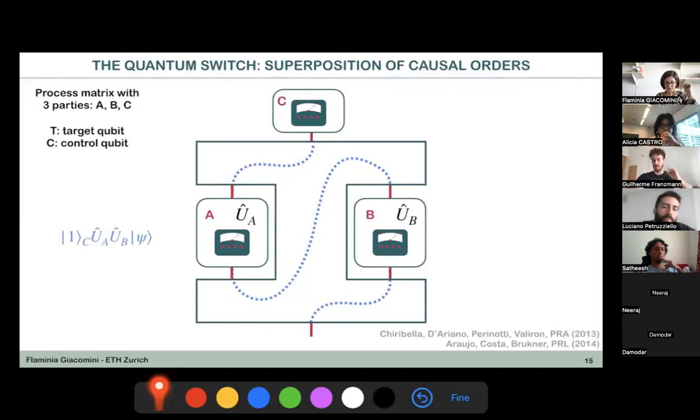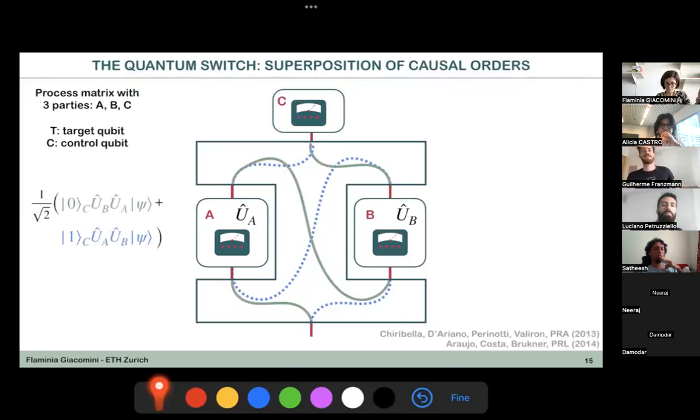And now we can put these two in a quantum superposition. So we have, in a quantum superposition, the order of first A and then B, or first B and then A of this process. And this is what is referred to as the quantum switch.